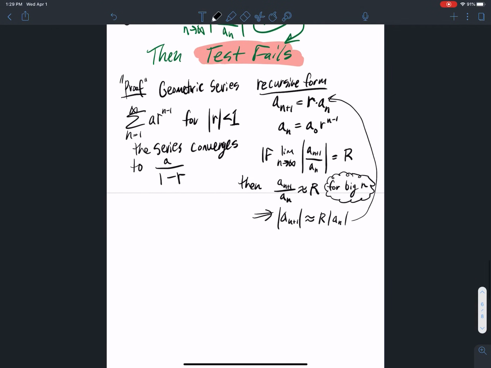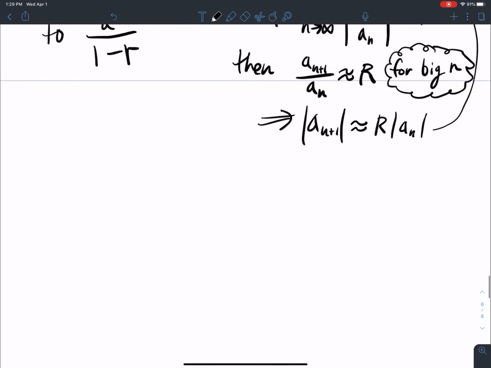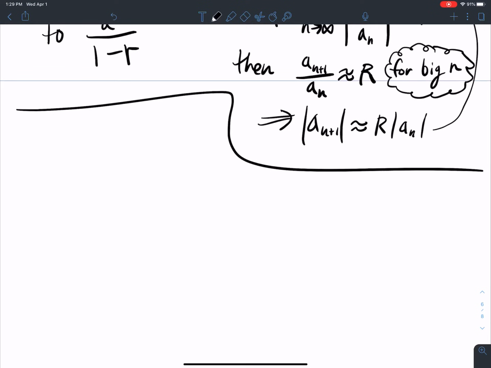All right. So let's use the ratio test to determine if a series converges or diverges.